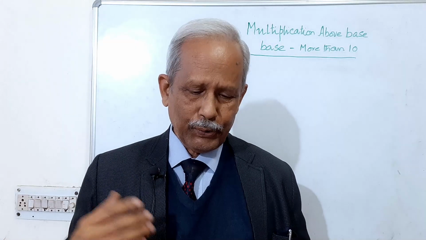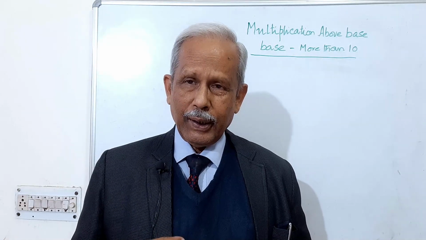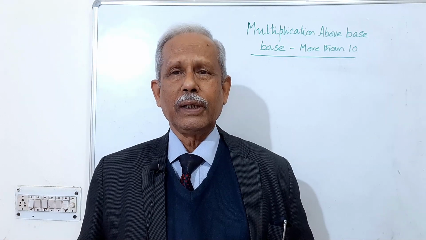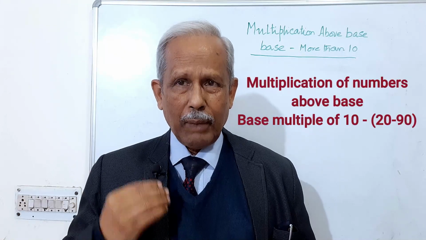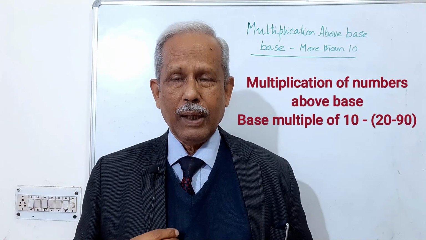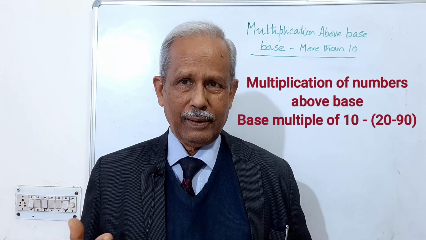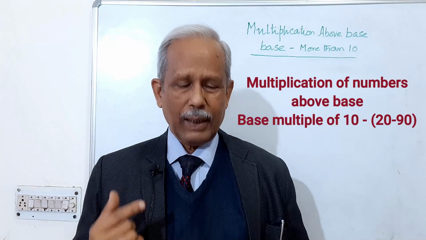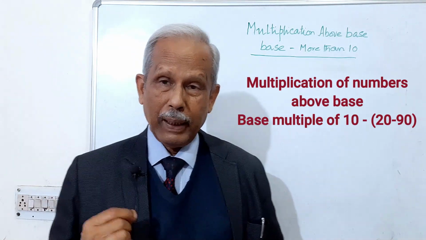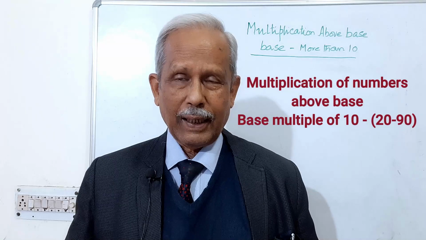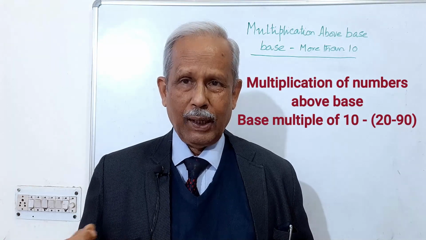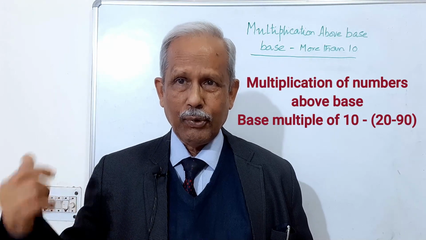So what are we going to do today? In today's session, we will see the multiplication of numbers which are above base. Earlier it was below base, now it is above base, and the base is more than 10, that is from 20 to 90: 20, 30, 40, 50, 60, up to 90.